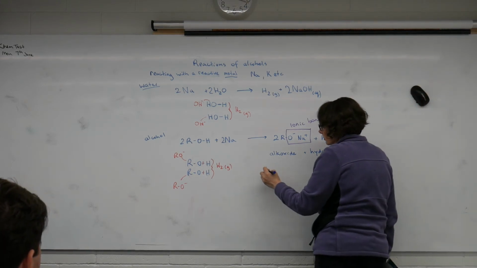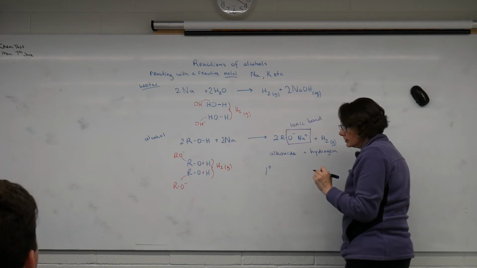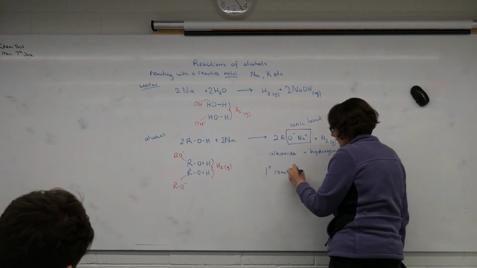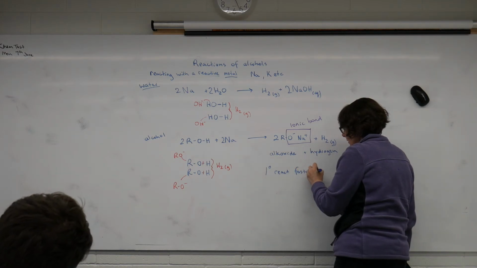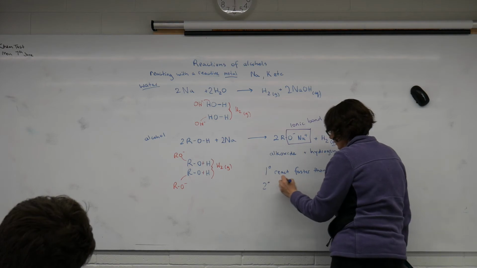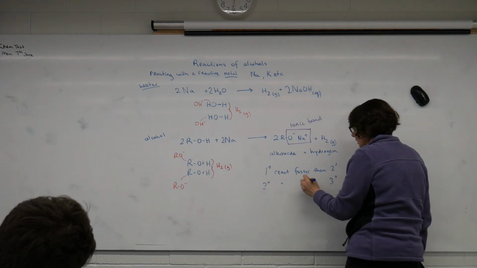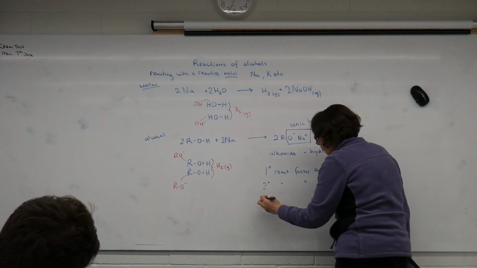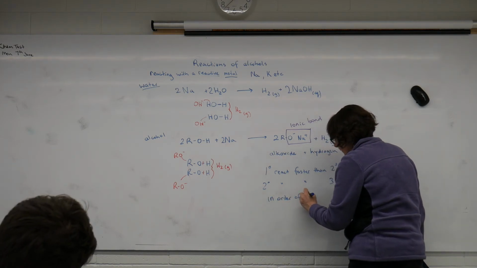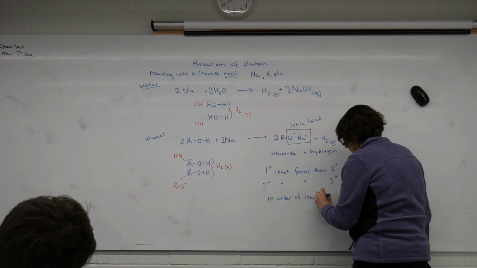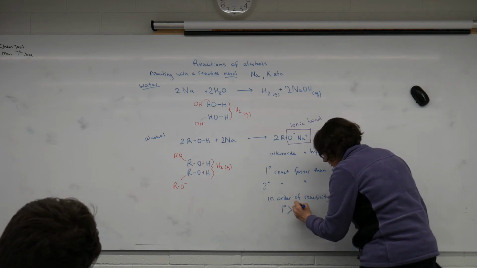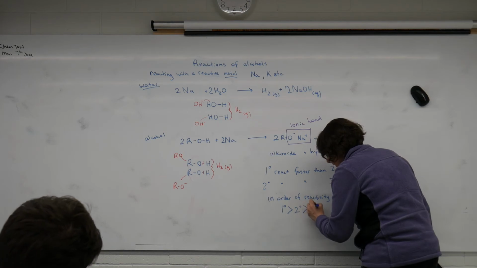Primary alcohols will react faster than secondary alcohols, and secondary react faster than tertiary alcohols. So in order of reactivity, we've got primary, secondary, tertiary.